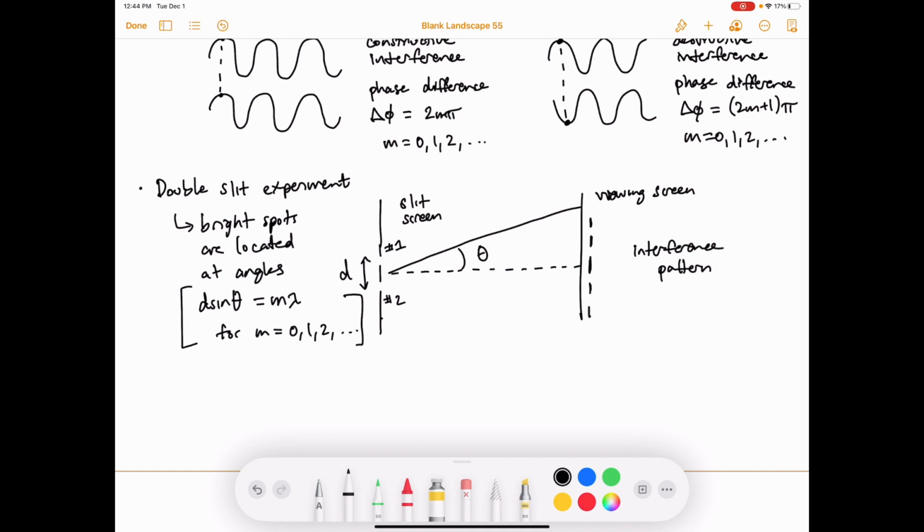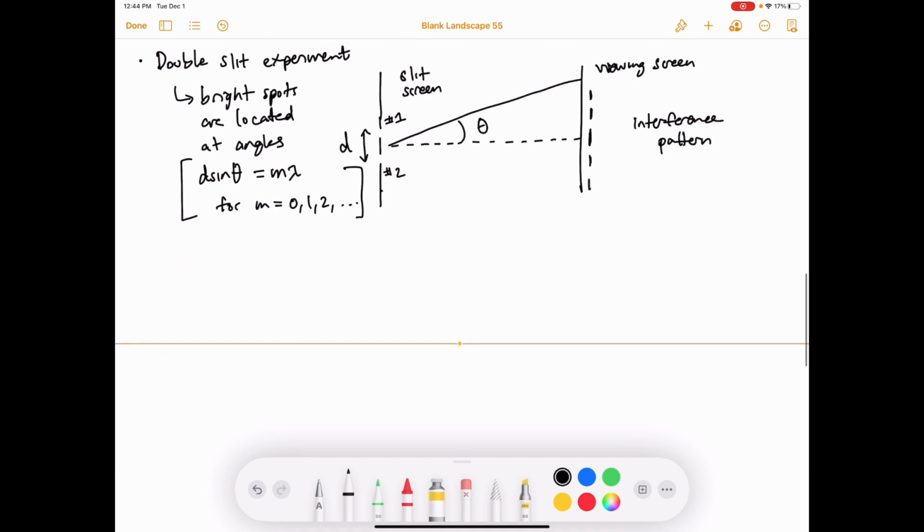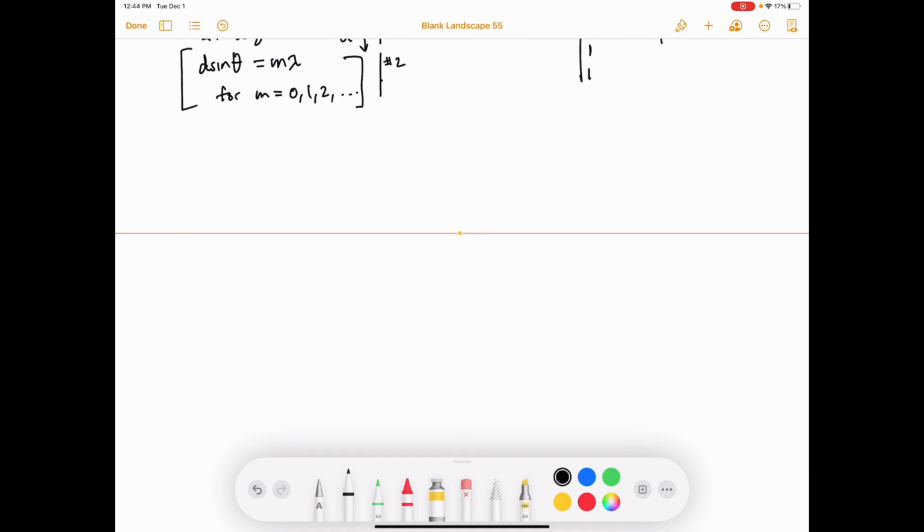Now, the other type of interference that we covered is called thin film interference. So here's how that looks. We have a thin film of some sort of material. The thickness of that film is T. And then we have some light coming in and striking the thin film.